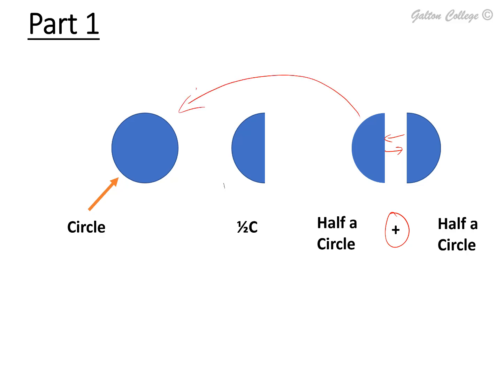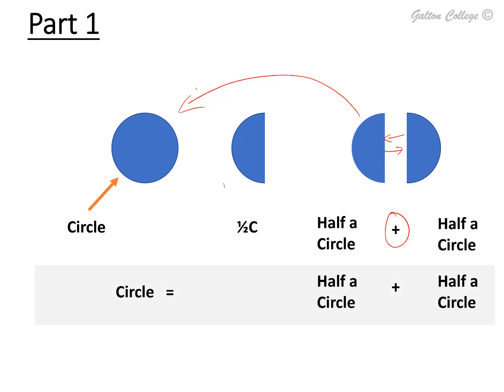So that's the basic concept. It's very, very straightforward. We're breaking a full number or a full object into parts. And in this case, we broke it into two parts, which are two halves. So the circle is equal to a half a circle plus half a circle.